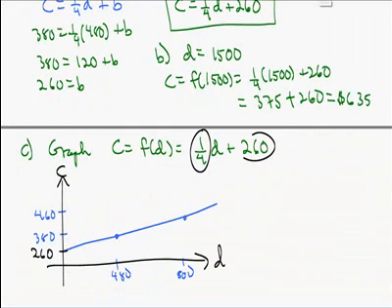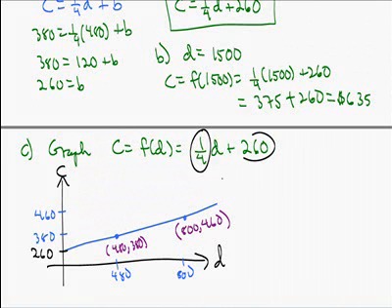So we have a couple of points on here, (480, 380) and (800, 460). But we have a general idea of what the graph looks like. It's an increasing graph because the slope is positive, and not a very steep one because the slope is pretty small at 1/4, but it does intersect the y-axis at 260.